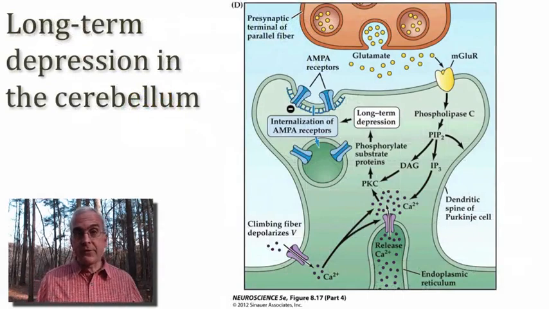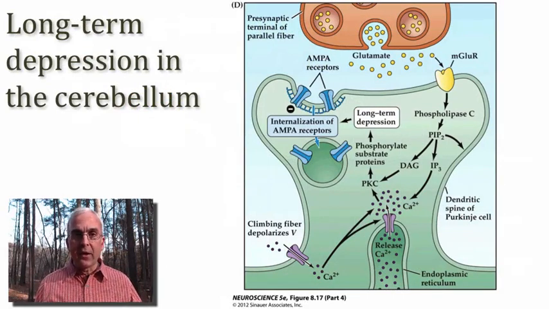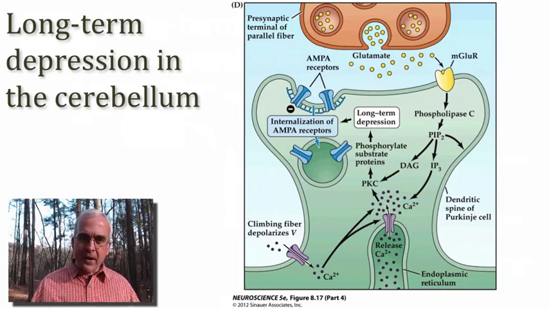The means by which this synapse is weakened should be somewhat familiar to you, although there are a few surprises in the metabolic cascade that leads to activation of these synaptic connections and the weakening of this synapse.